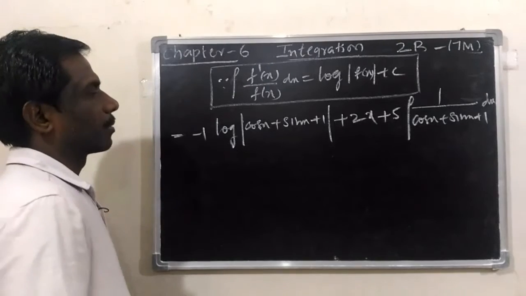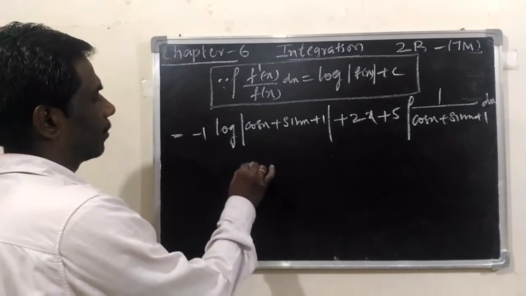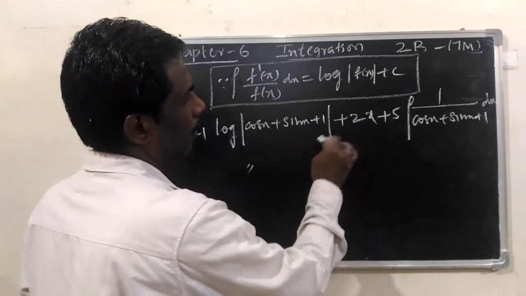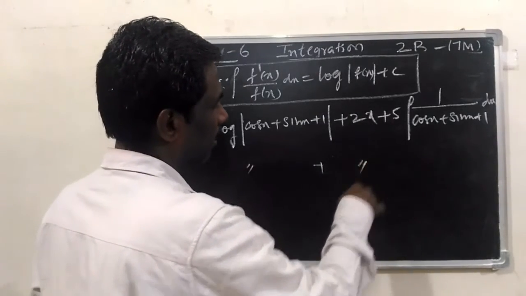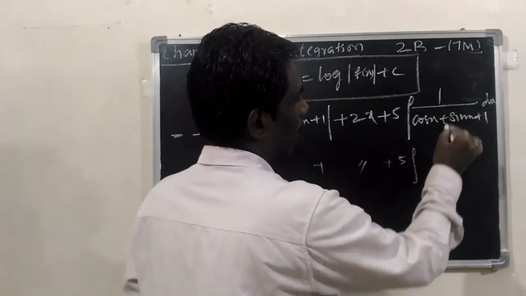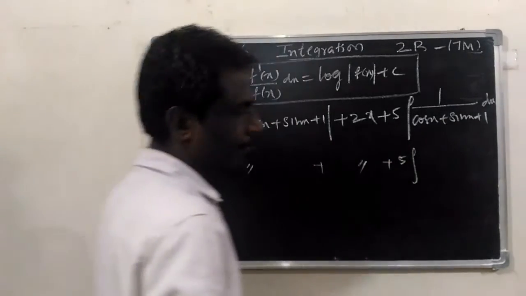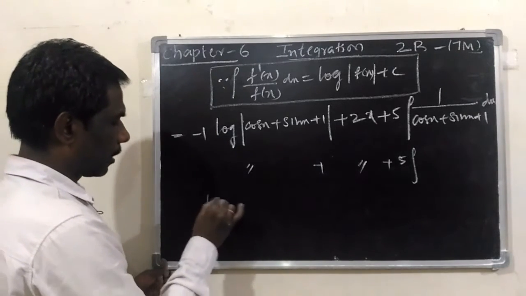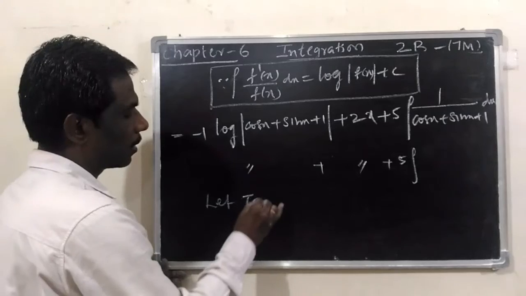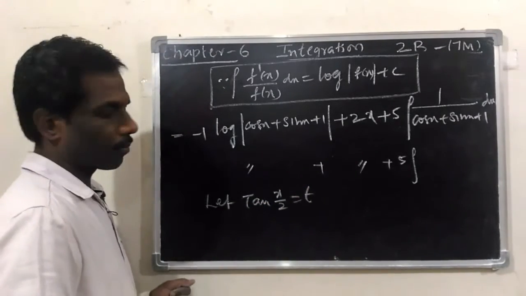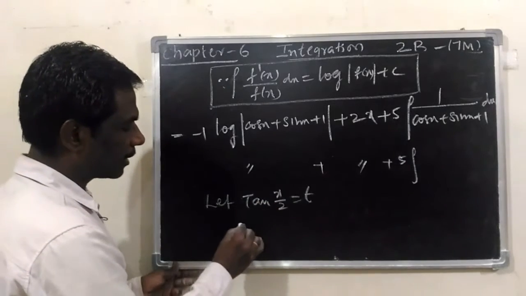Yes. Next, I am writing this as it is, plus this 2x is also as it is. So plus 5 integral, for this purpose we can let tan x by 2 is equal to t and differentiate both the sides.